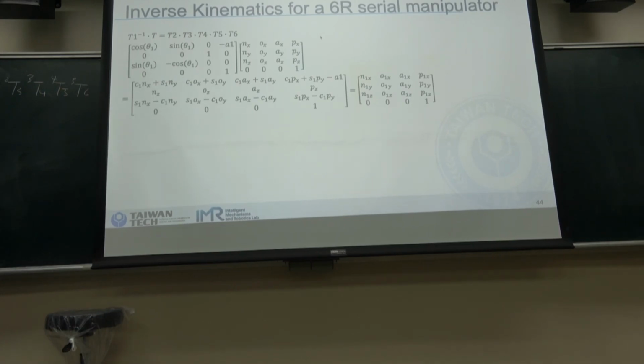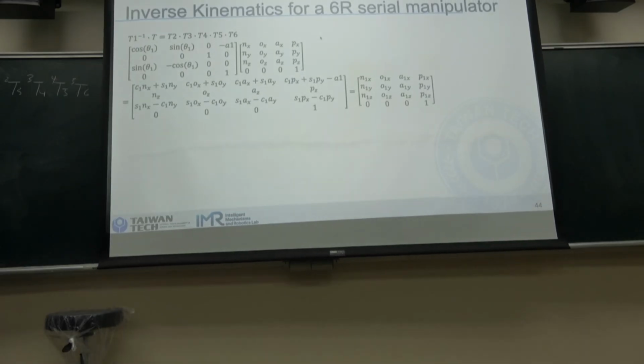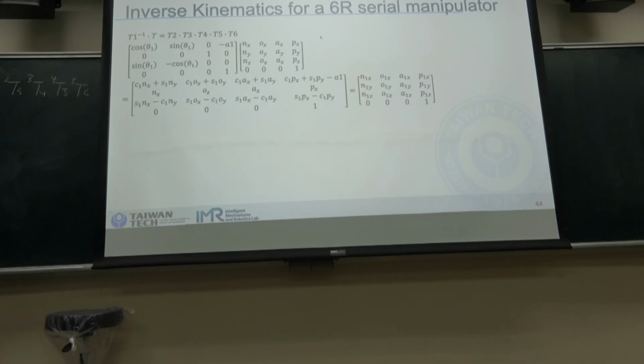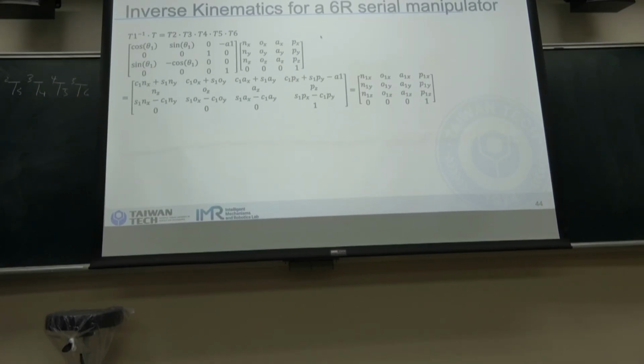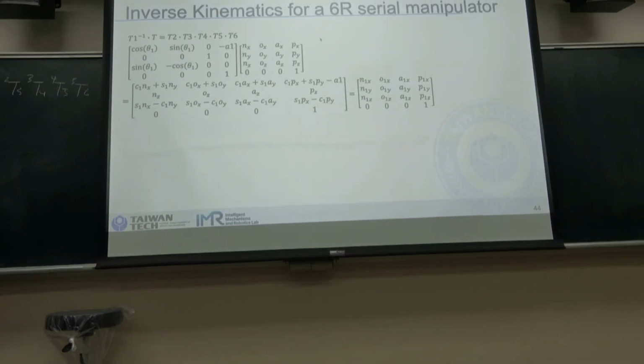And together we can get the forward kinematics for a 6 degree of freedom robot. And now we multiply by the inverse of the first transformation matrix over here.